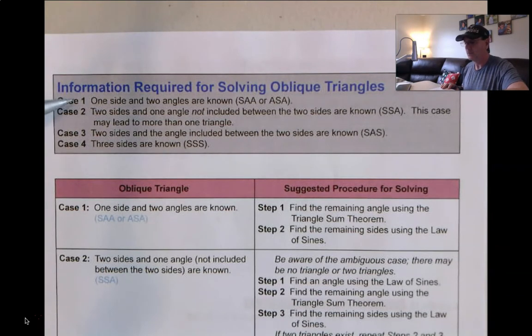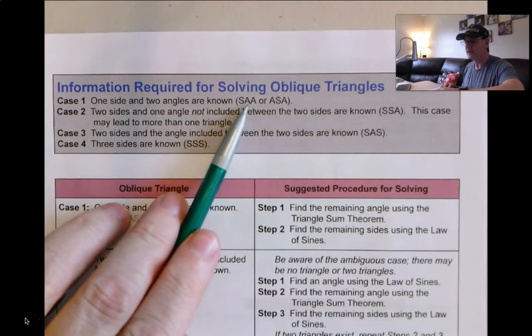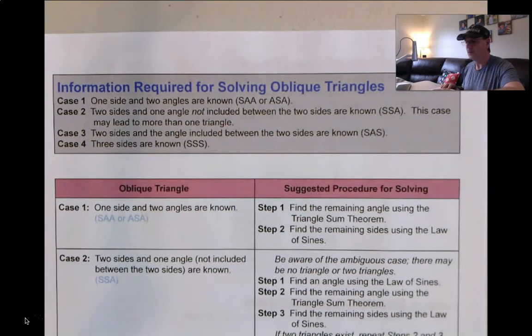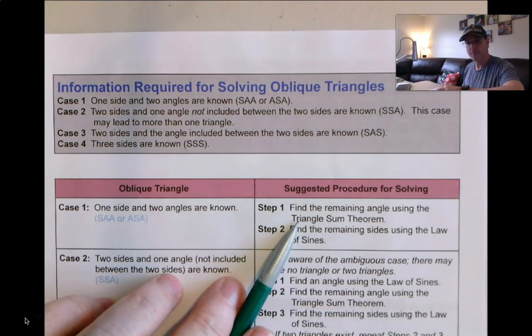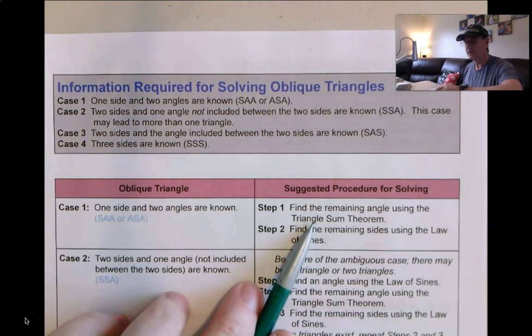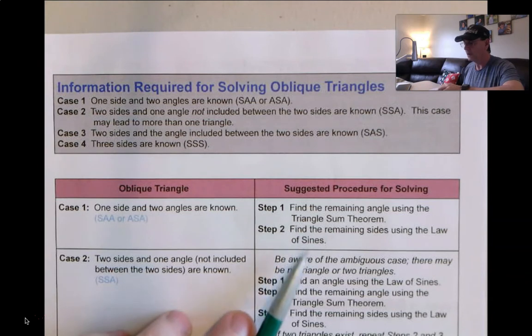So if we are given angle, angle, side, or angle, side, angle, then we're going to use the triangle angle sum theorem to find the missing angle, and law of sines to find the remaining sides.